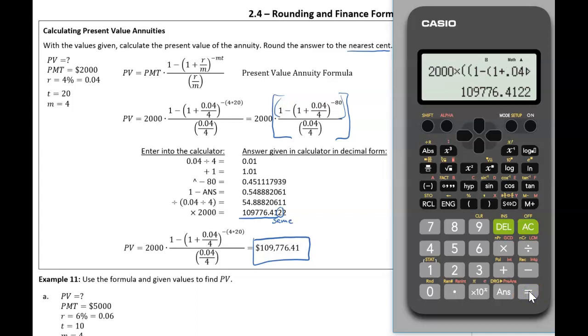So practice, parentheses, all of that comes together to enter it all at once. But again, if you don't feel comfortable with that right away, enter it piece by piece and you'll still get to the same answer.